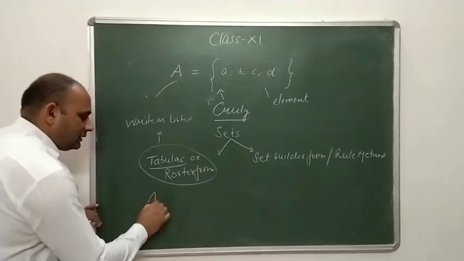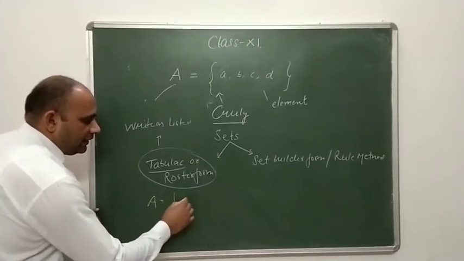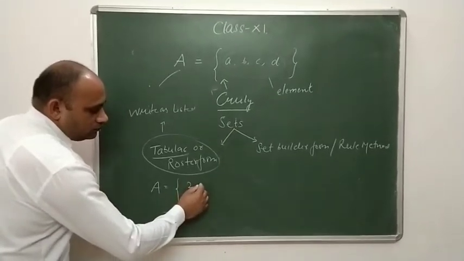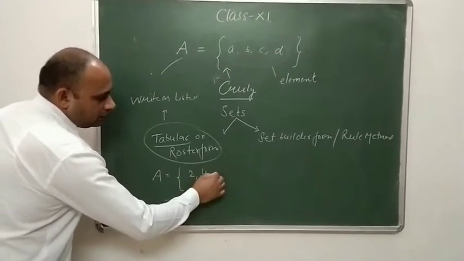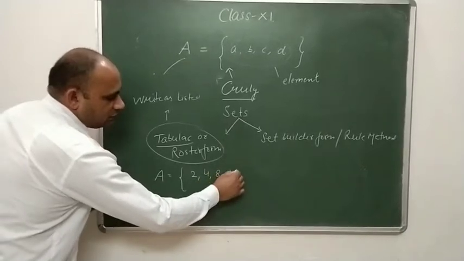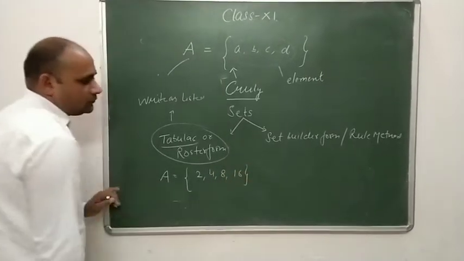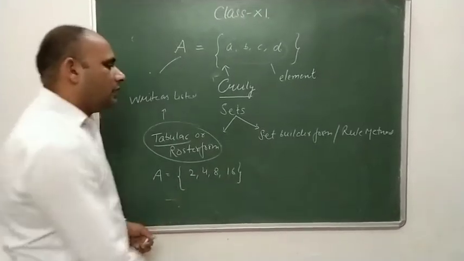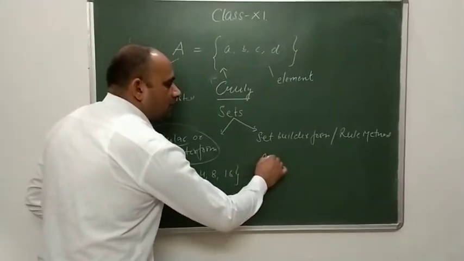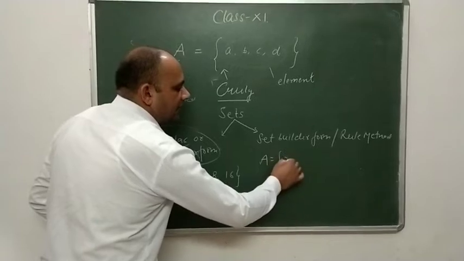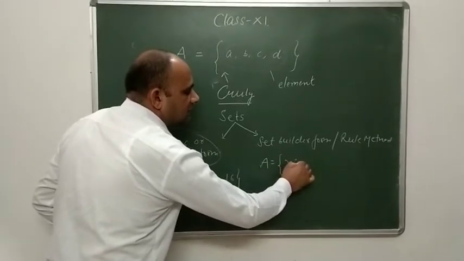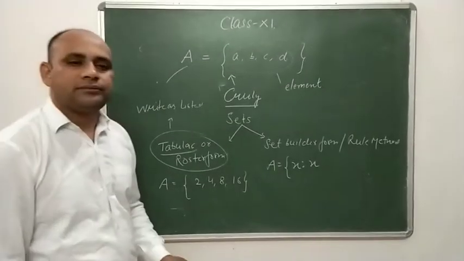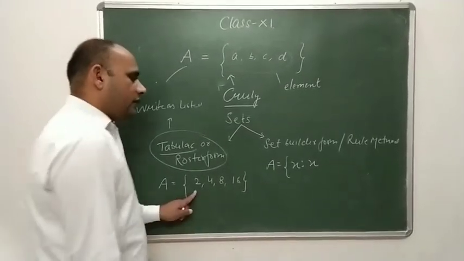For example, if A have 2, 4, 8, 16. And for set builder form, we will write x such that x raised, what is x?